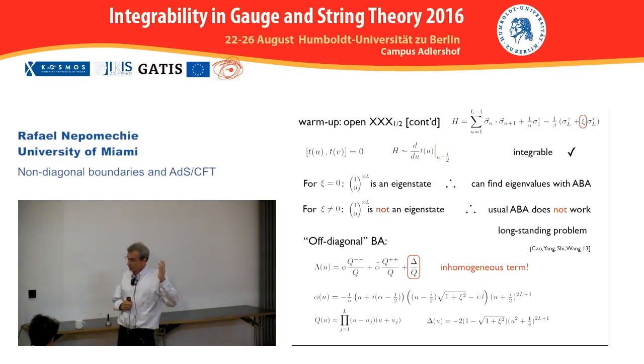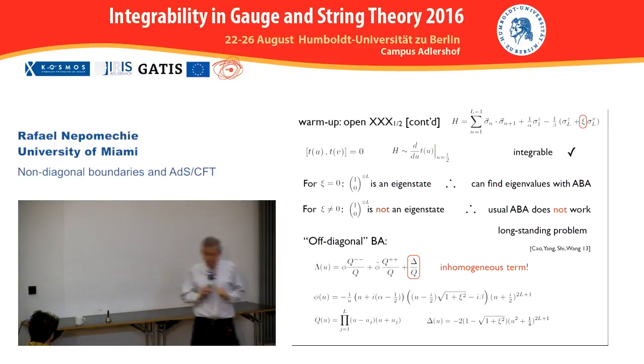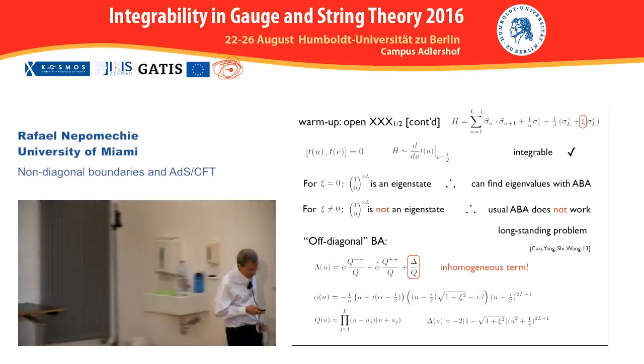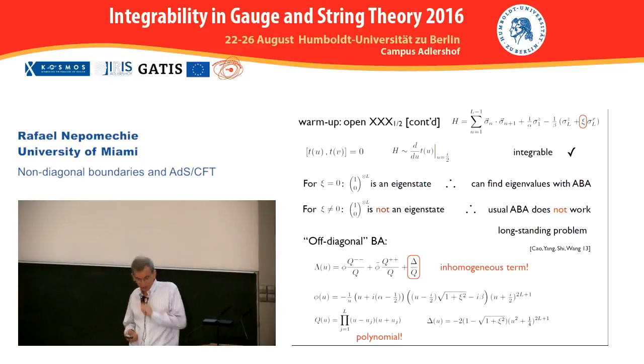So this was the initial approach, and since then there's been more work, and there's been some kind of modified algebraic Bethe ansatz. We can actually recover not just the eigenvalues, but also the eigenvectors. So it's not ad hoc. Thanks for the question.